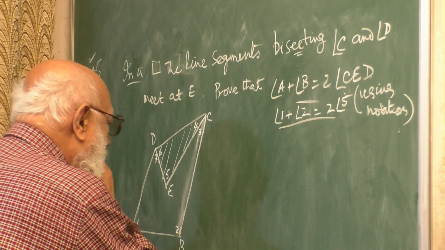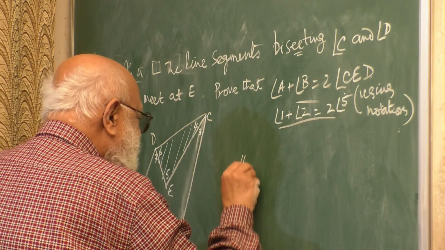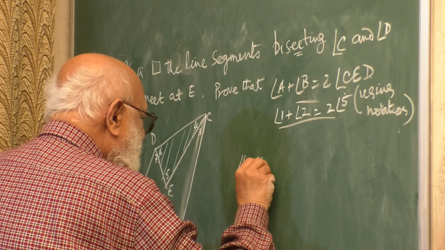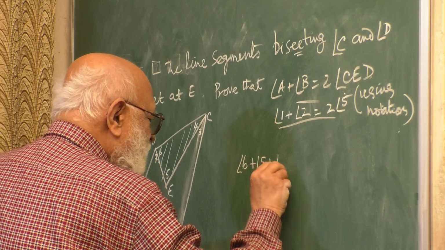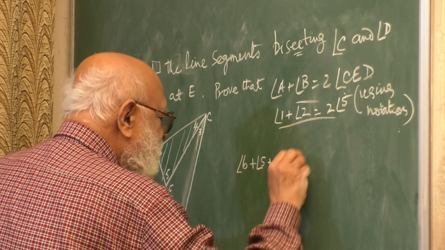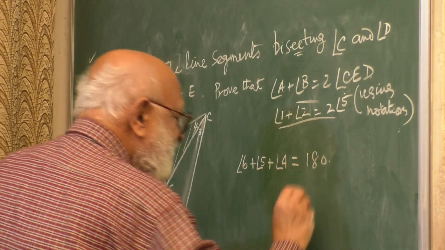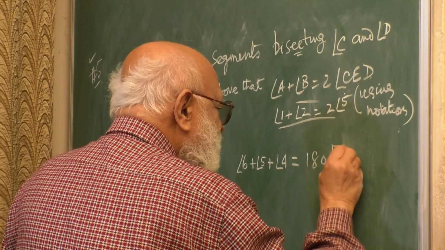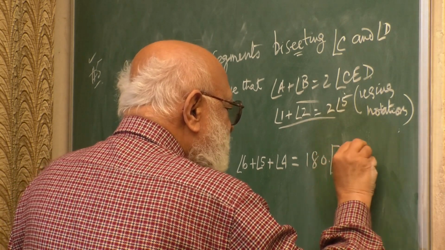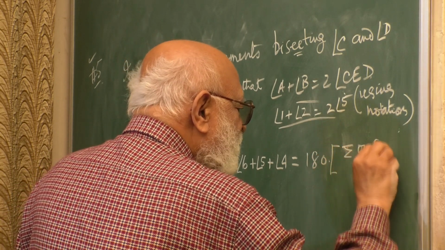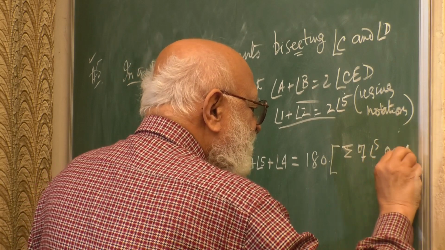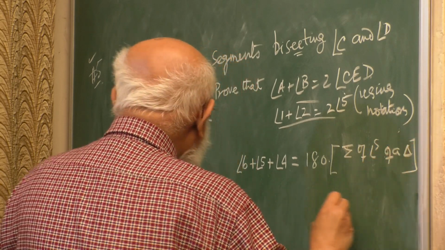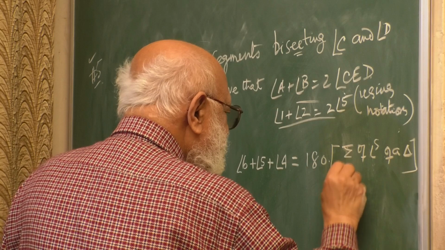This gives me angle 6 plus angle 5, angle 5 is of importance to us, plus angle 4 is equal to 180. That is the sum of angles of a triangle, triangle DEC.